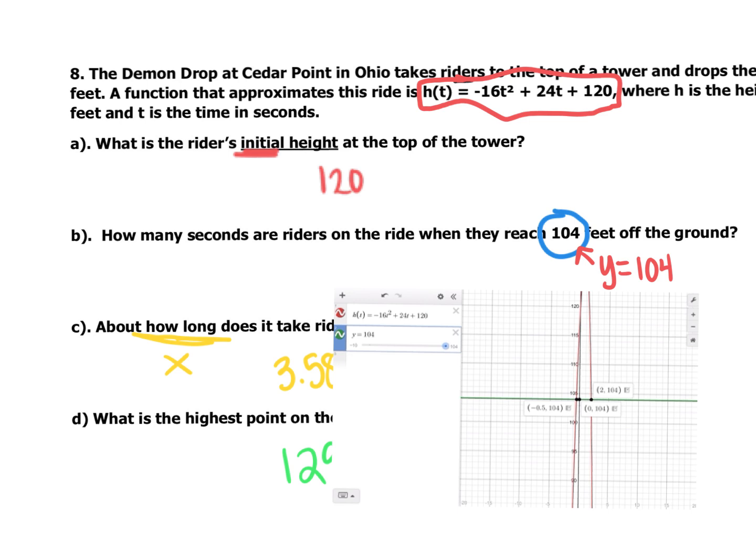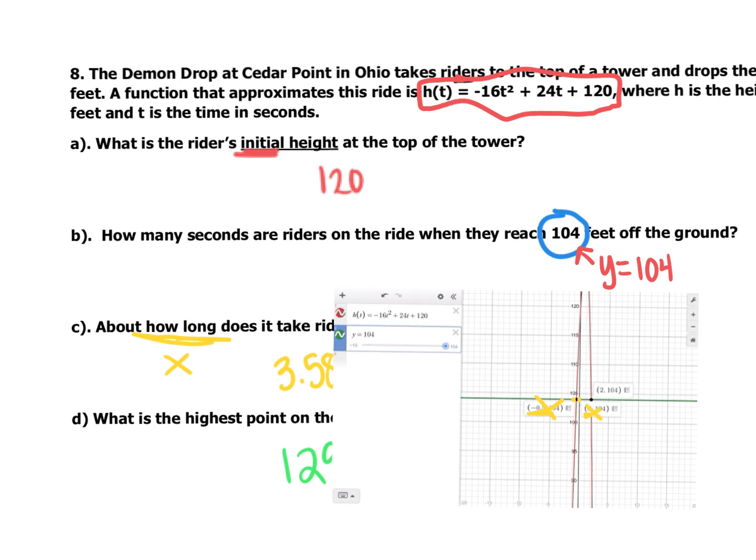Okay, so I typed y equals 104 in line 2. If you can see, we now have that line crossing through our quadratic. It's really important to notice that this point here on the left has a negative x value. We don't use those because that's negative. This second point here has an x value of 0, but that point itself is not even touching my quadratic, so we don't want to use that one either.